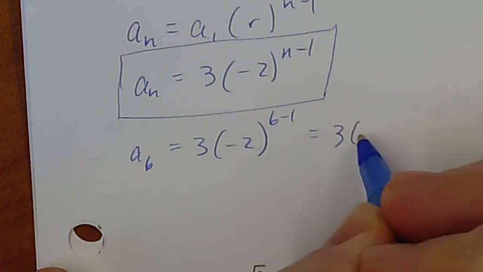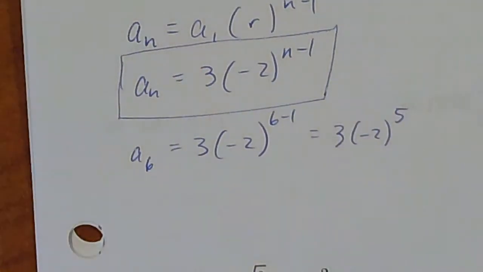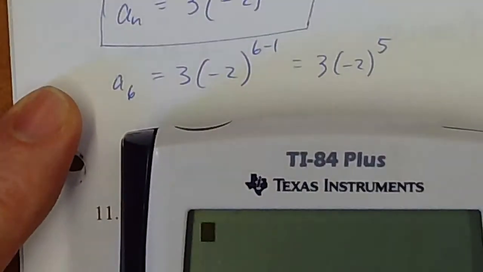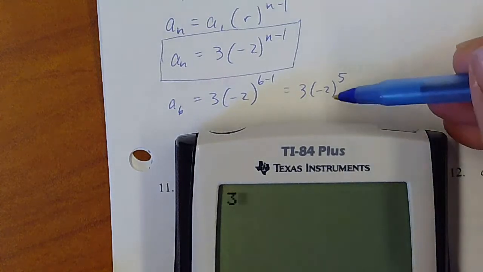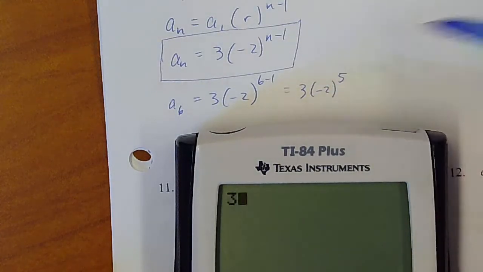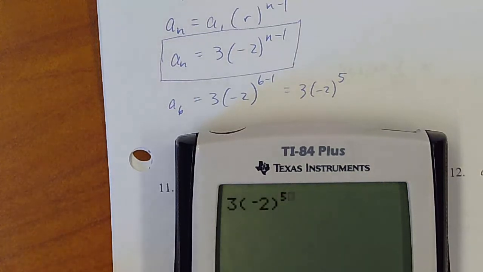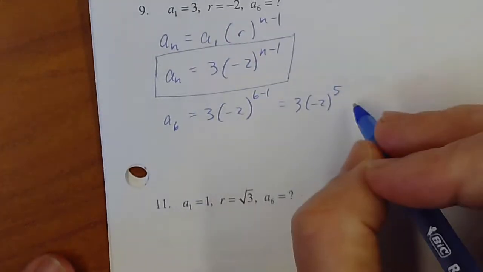So 3 times -2 to the 5th. We can punch that all in at once. So the calculator knows to do the power first, but if you were doing this one step at a time, do the -2 to the 5th, then multiply by 3, or just put that in parentheses and do it like that. So we get -96.